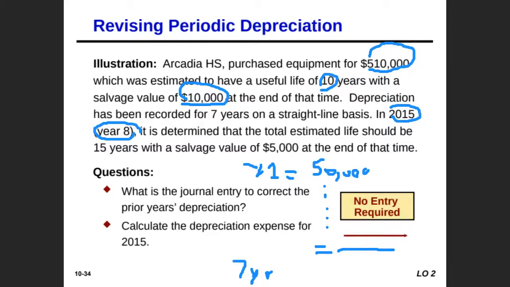How do we calculate a book value? So let's say I calculate a book value after 7 years.